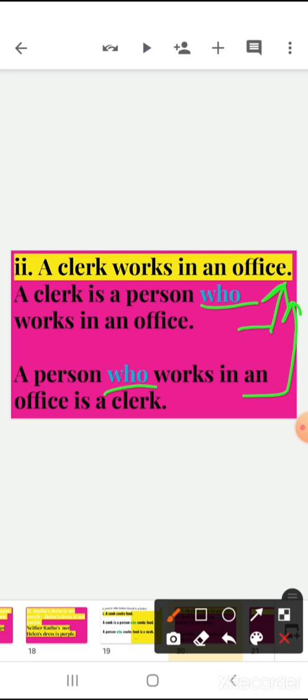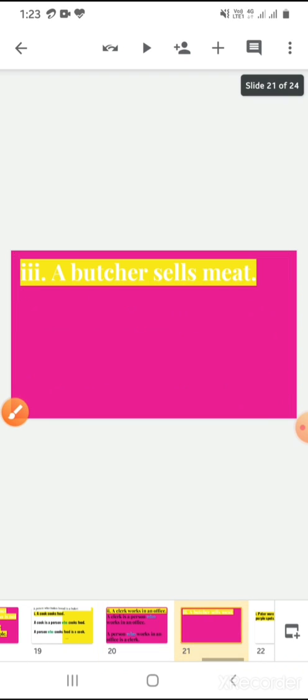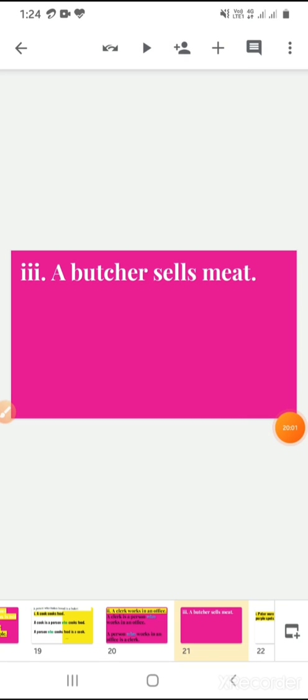Meaning of all the three sentences is the same? Yes. Only we have to use who and we have to change the sentence, but the meaning should be the same. Done? Next. Next is a butcher sells meat.